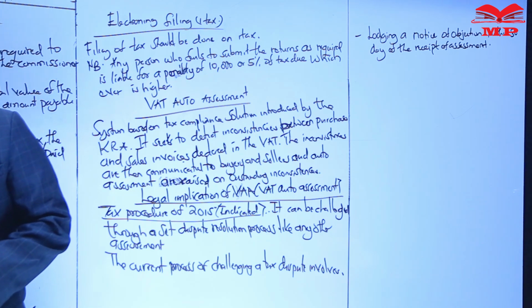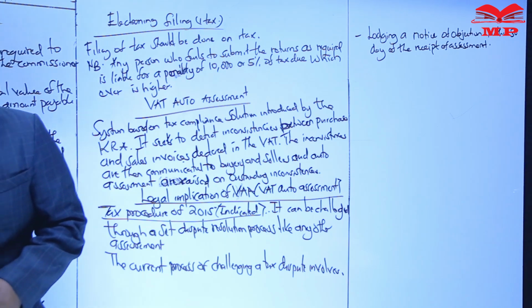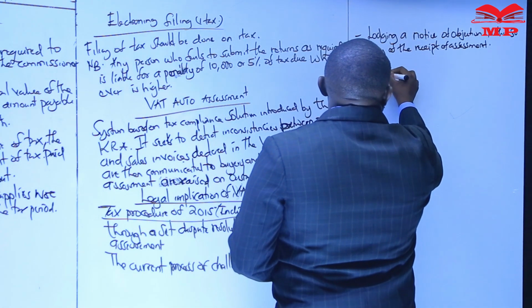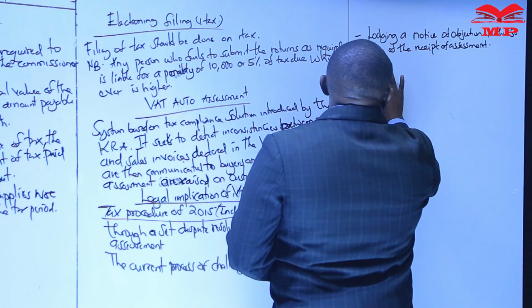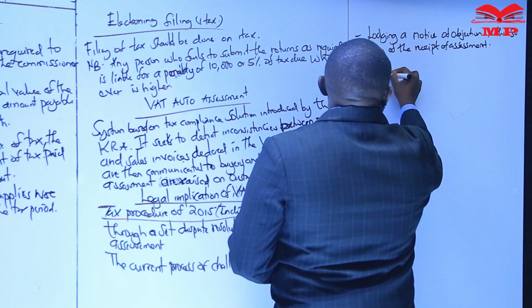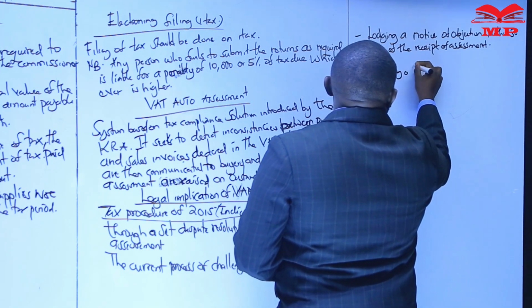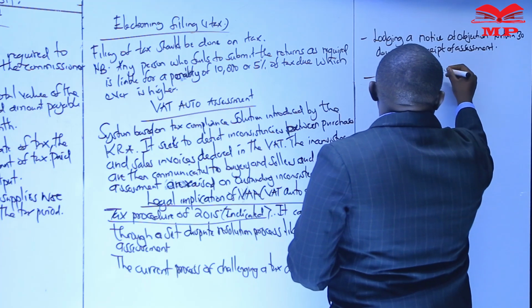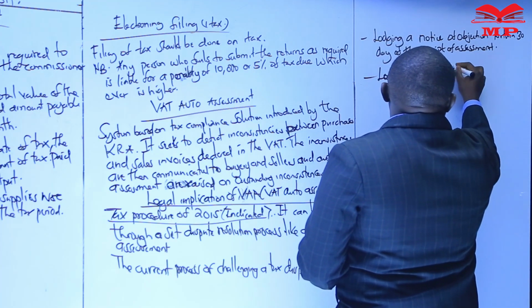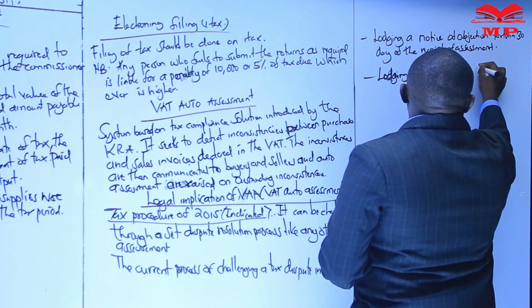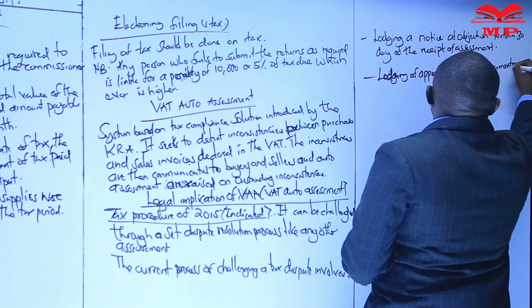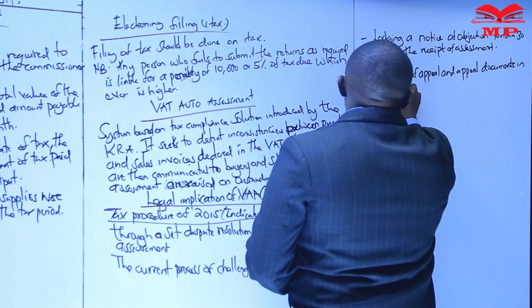Next is lodging of appeal and appeal documents in the tax tribunal.